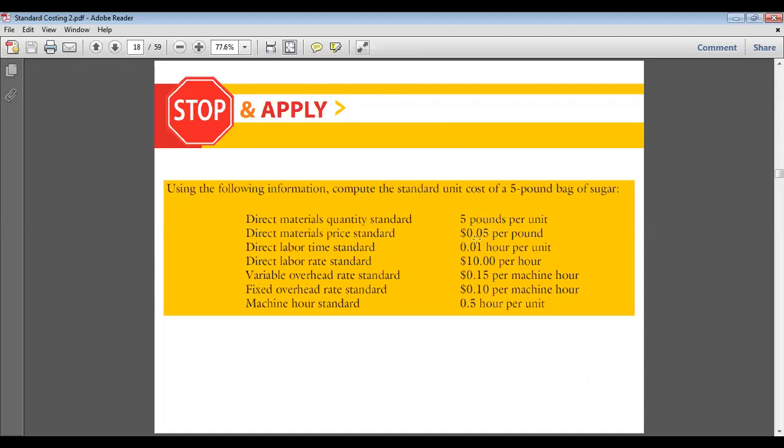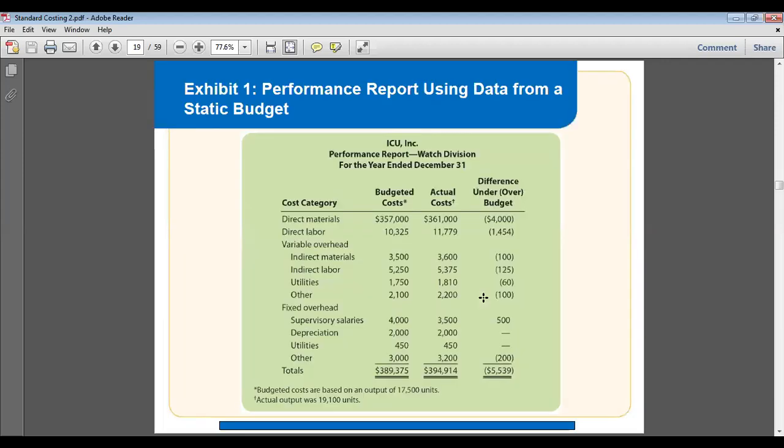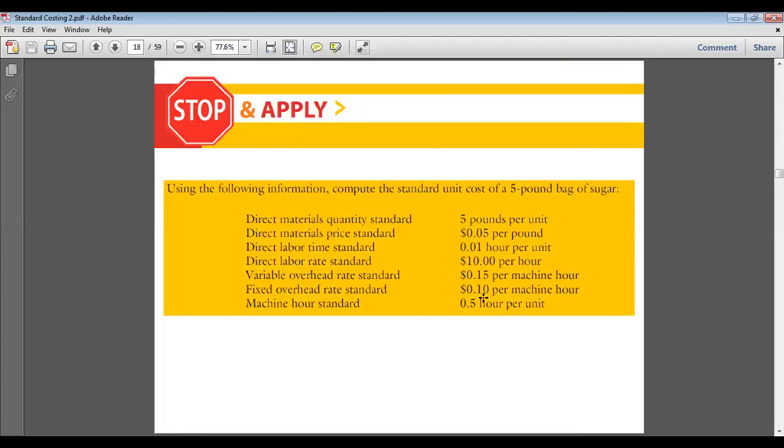This will give us 0.25. Similarly, the labor rate multiplied by 10 hours, and similarly $0.5 per machine hour. So after multiplying, we get the standard cost of the problem: a 5 pound bag of sugar. Using the following information, compute the standard unit cost of a 5 pound bag of sugar.